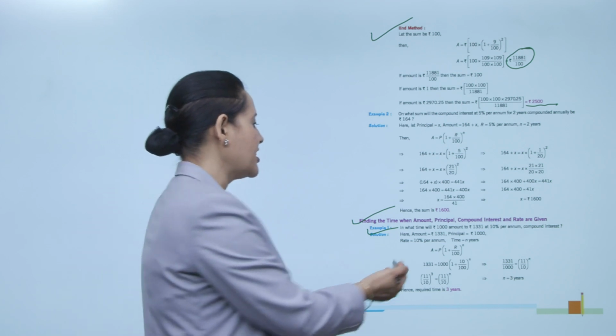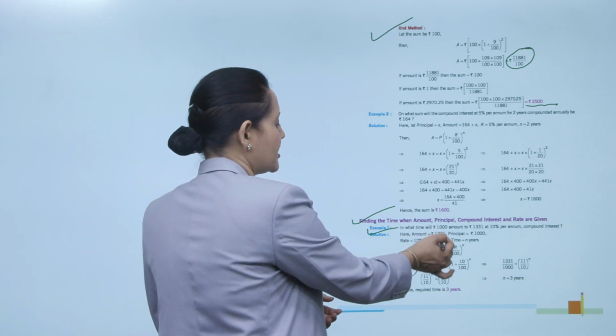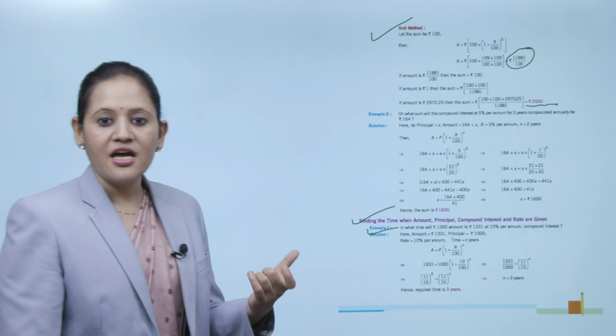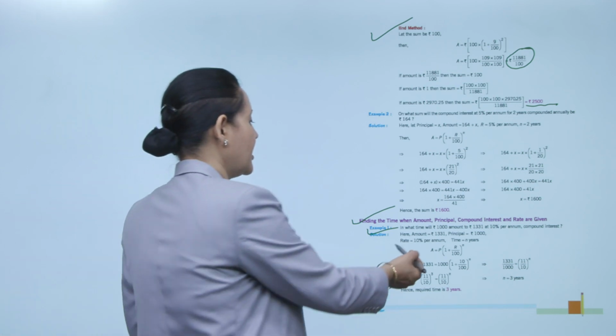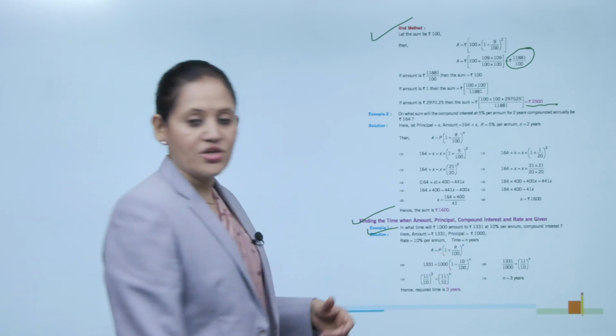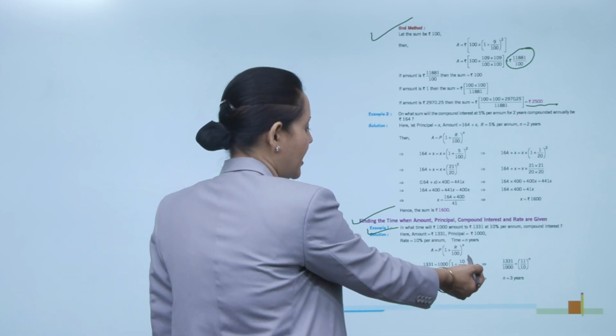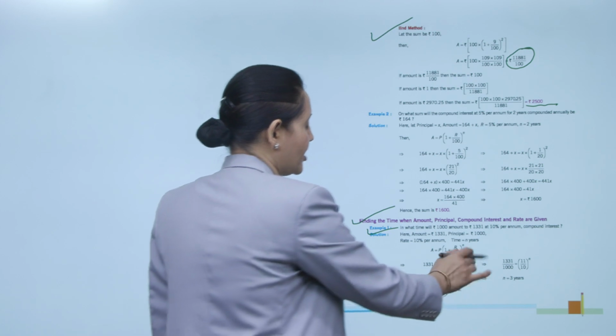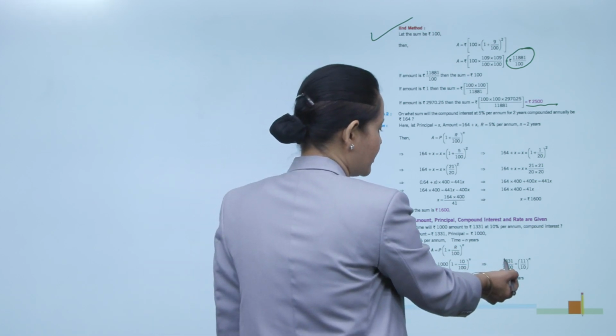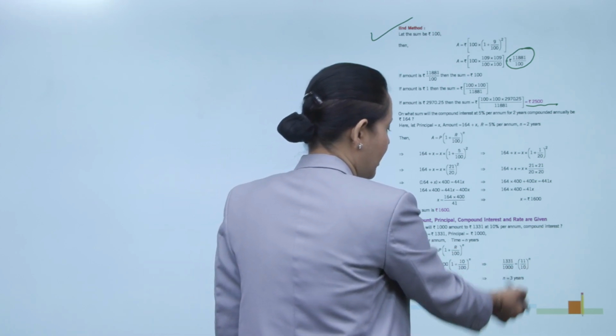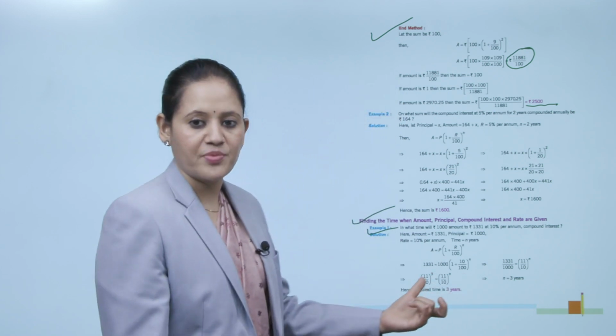So here the amount is given, 1331, principal is given, 1000 rupees. Rate of interest is given and time we have to find. So we'll put the values, and we get 1331/1000 equals 11/10 to power n.